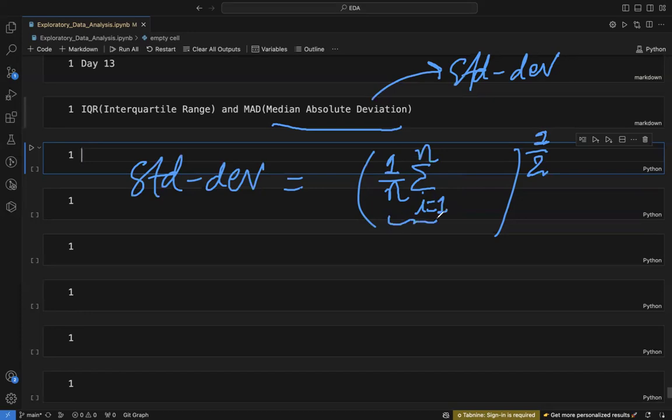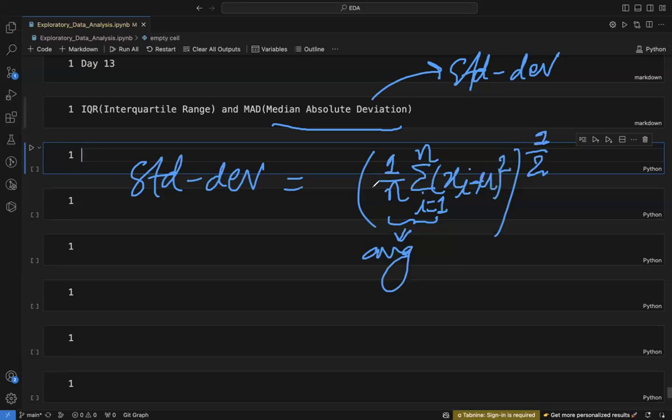This whole thing is my average. It is the average of xi minus mu whole square.